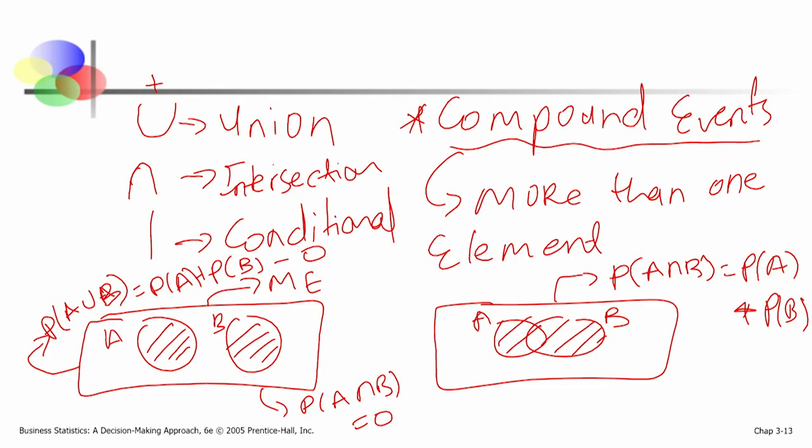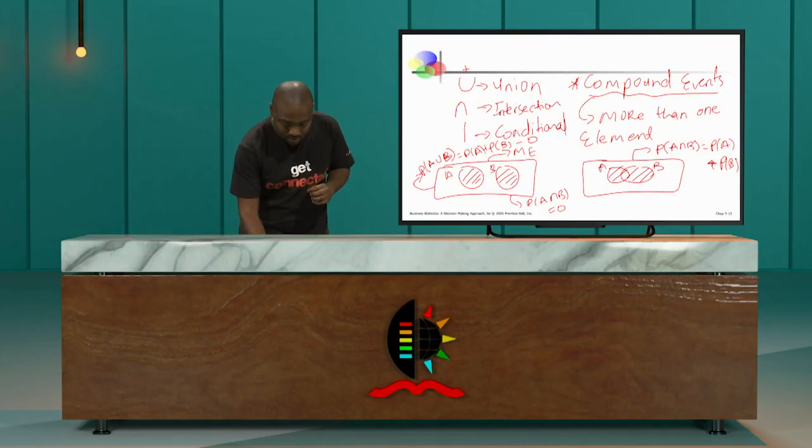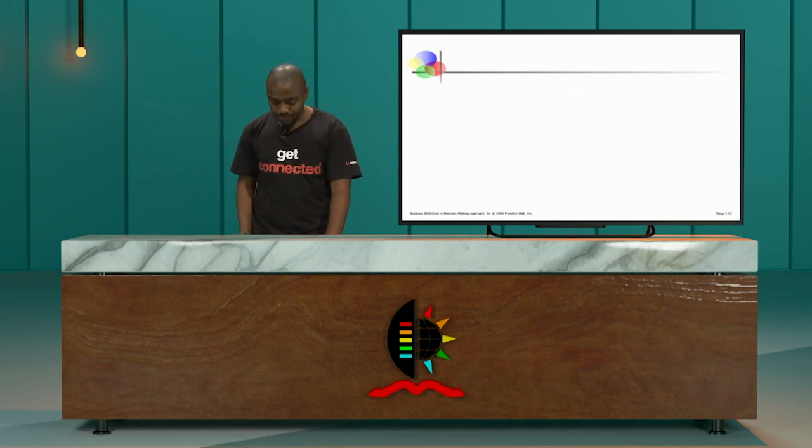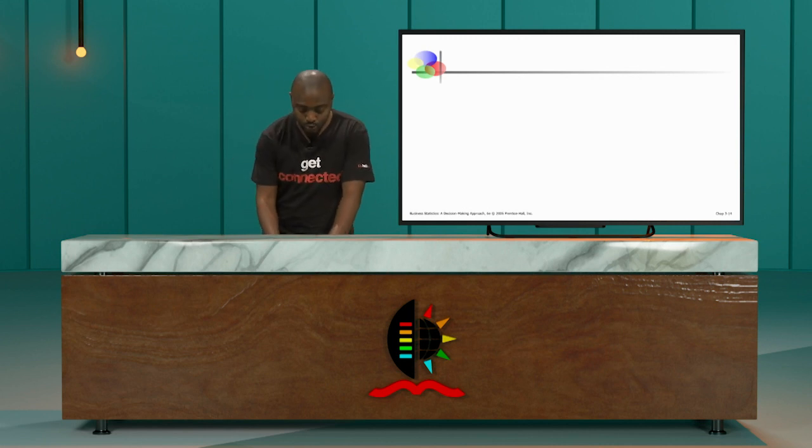Now, I always get questions like, when do you use these three signs? When do you use the union?